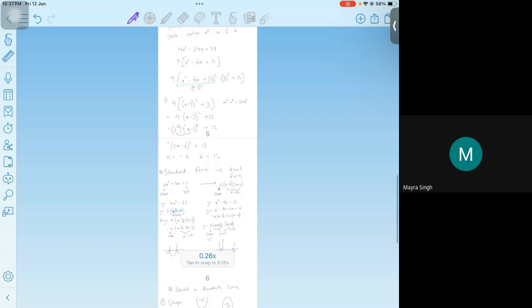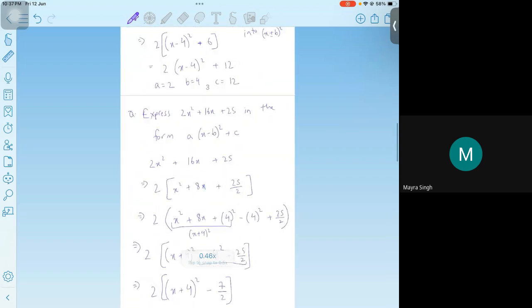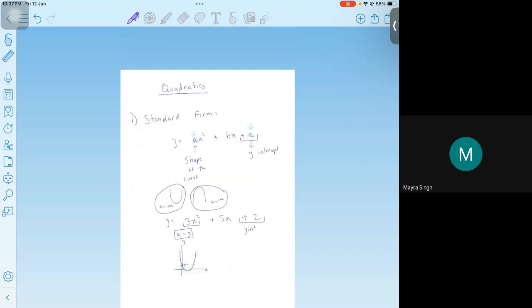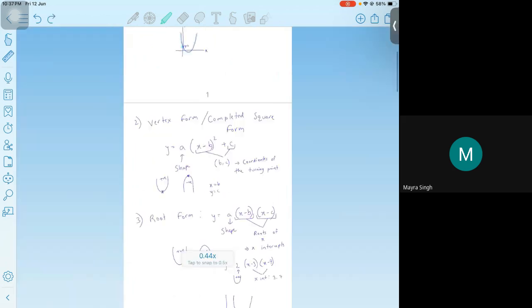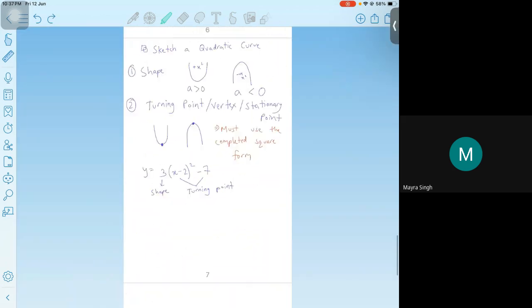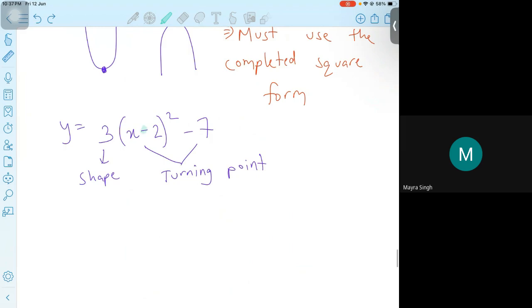If you can recall from our lecture on that part, then our completed square, the vertex form, is supposed to have a negative symbol here, and our final answer was still just the B and C. So in this question as well, we can see that there's a negative sign here, which is absolutely normal. If this is a positive sign, then we'd be working with -2.